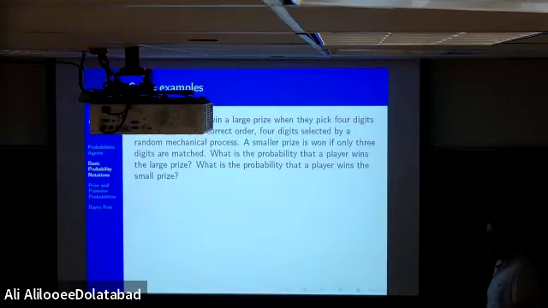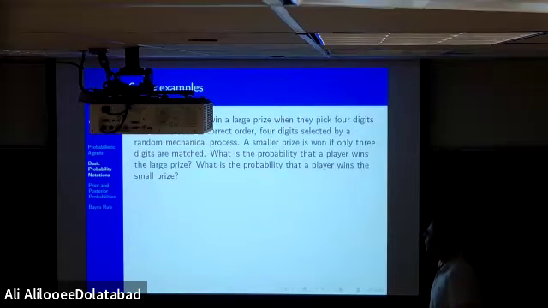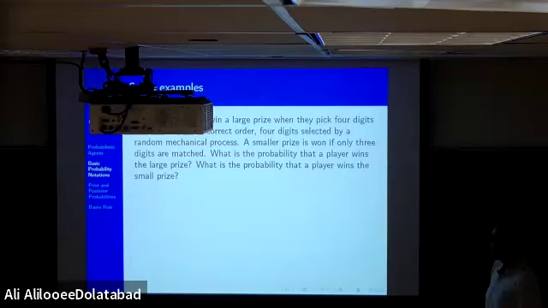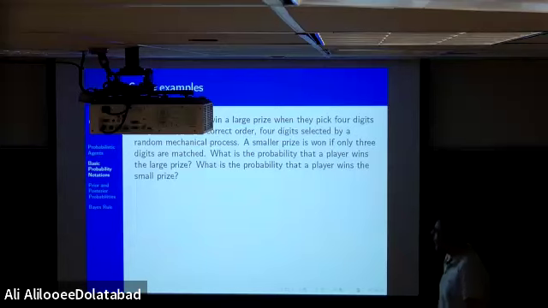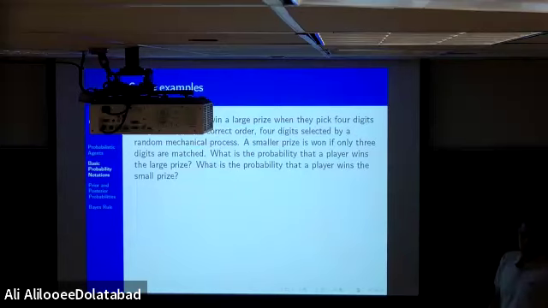If there is nothing random, if there is nothing uncertain, then talking about probability doesn't make sense. In this case, we have a machine which chooses these digits randomly. A smaller prize is won if only 3 digits are matched. What is the probability that the player wins the large prize? And what is the probability that the player wins the small prize?